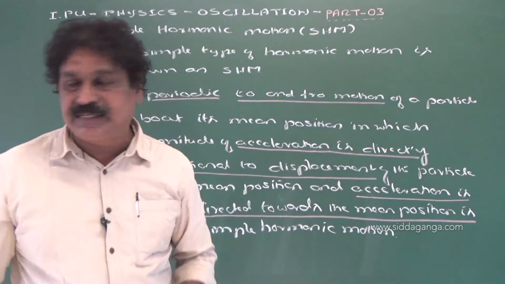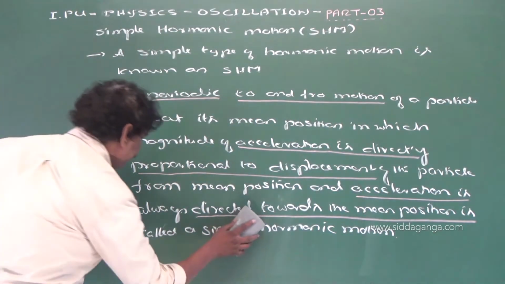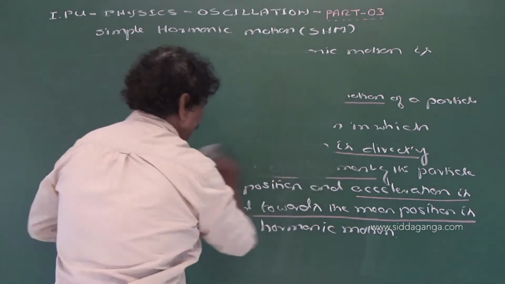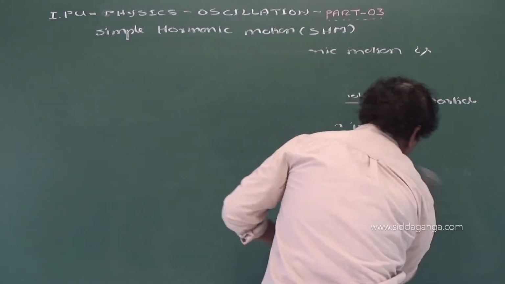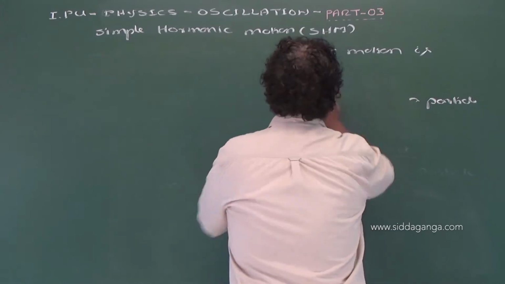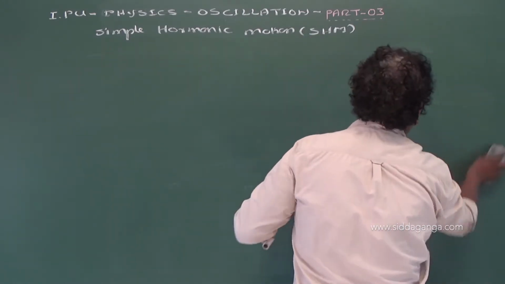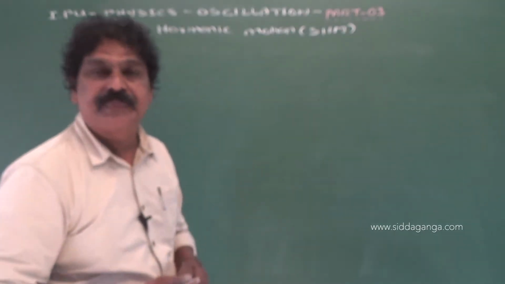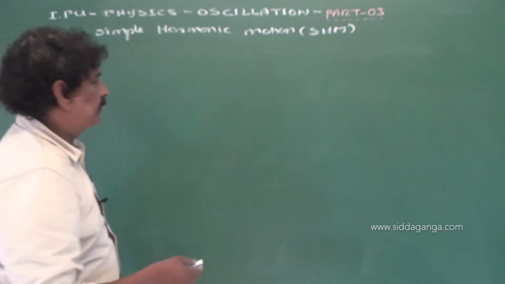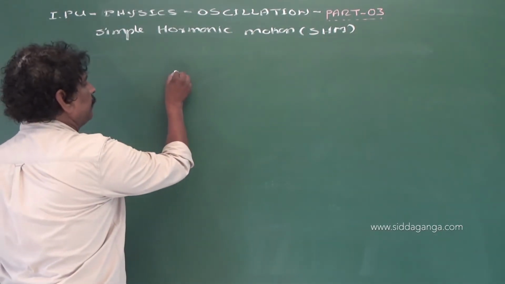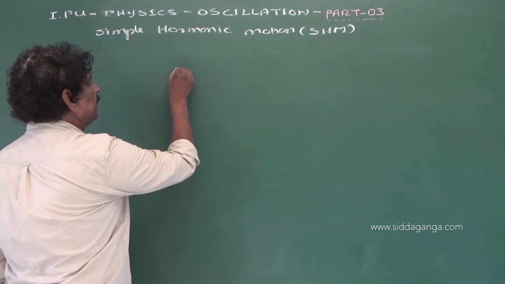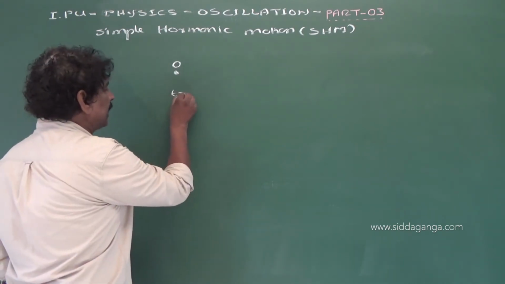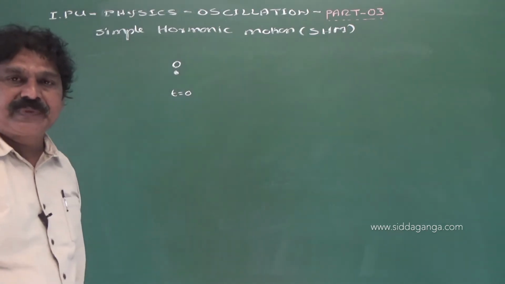Let us explain this simple harmonic motion. Now, let us consider a particle at the mean position O when time t is equal to 0.